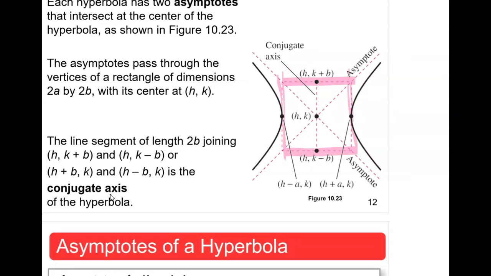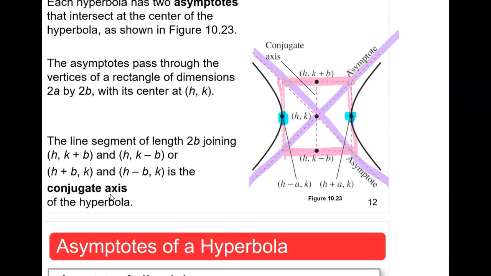Here are my vertices. And we could call these ones not vertices, but they are like the points on the minor axis, the one that is not the transverse axis. So we made a box, and then the asymptotes come this way.